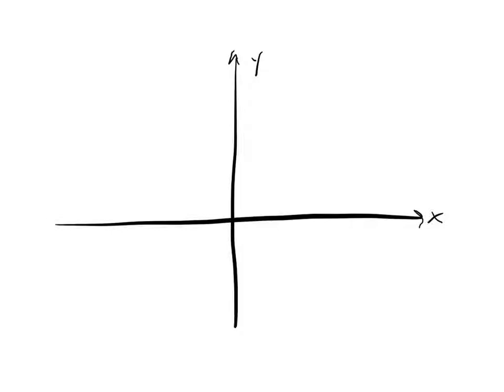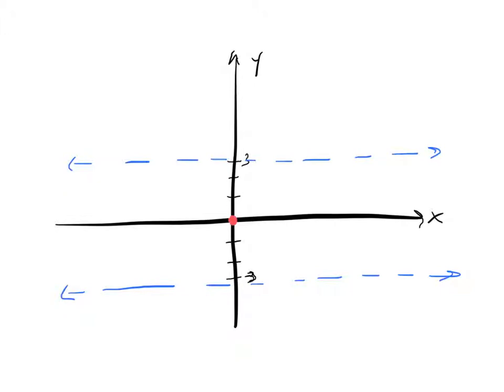Okay, now we can begin our graph. And we've got an intercept at the origin. We know that our horizontal asymptotes are at 3 and -3. And what else do we know?